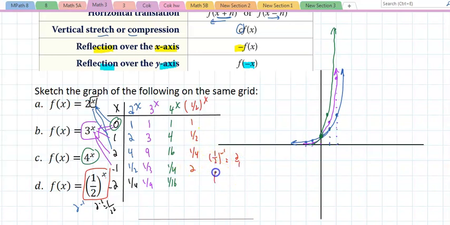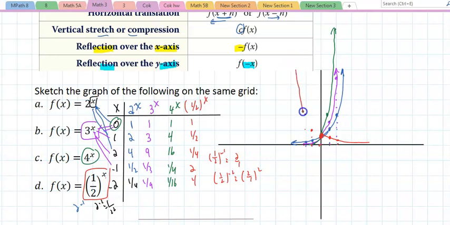And if I put negative 2, isn't that 2 over 1 squared, which makes it a 4? So 0, 1 is still there. 1, 1/2. 2, 1/4. It seems things switched. Negative 1, 2, and negative 2, 4.